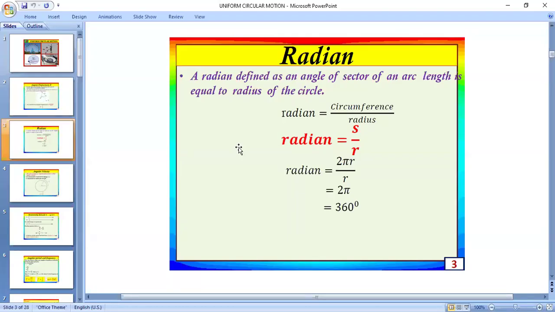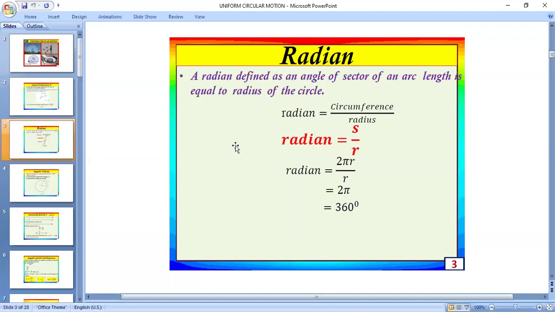Therefore, the fourth way of expressing this is angular velocity equals 2 pi radians divided by total time, capital T. Capital T is the time taken for one complete revolution. So distance for one complete revolution will be 2 pi, and the total time for one complete revolution will be capital T. So we can also express angular velocity as omega equals 2 pi radians over T. That's formula number 4.